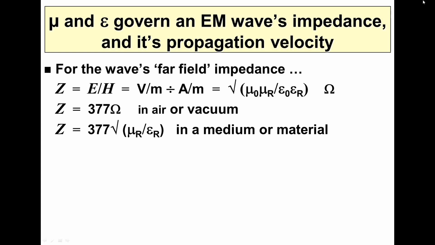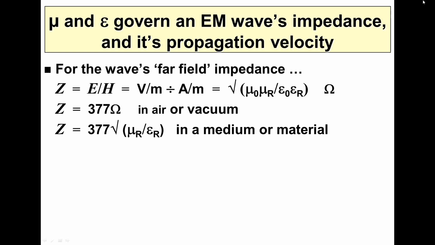Some people call that Ohm's law for electromagnetic waves, which is a nice sort of expression. In fact, what governs the impedance is the square root of the permeability divided by the permittivity. In air or vacuum, it's just the square root of mu naught over epsilon naught, which works out to be 120 pi. Being engineers, we call it 377 ohms because it's close enough.